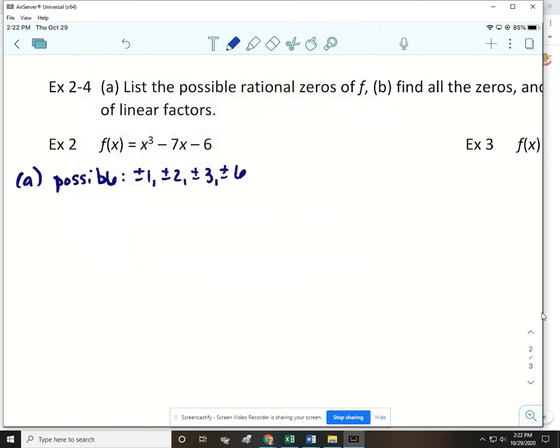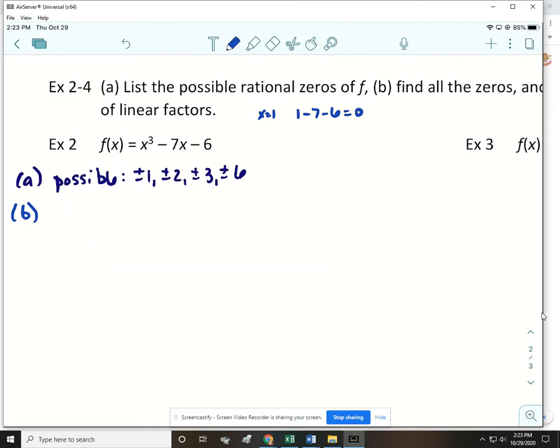All right, for B, since it's cubic, we need to find 1 actual zero. Now, if I want to test 1, I can just add the coefficients and the constant and see if I get 0, and I don't.